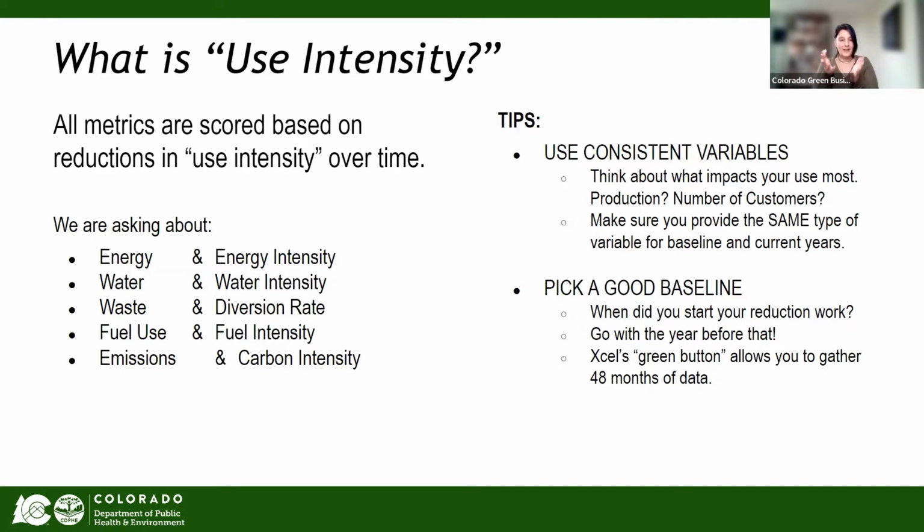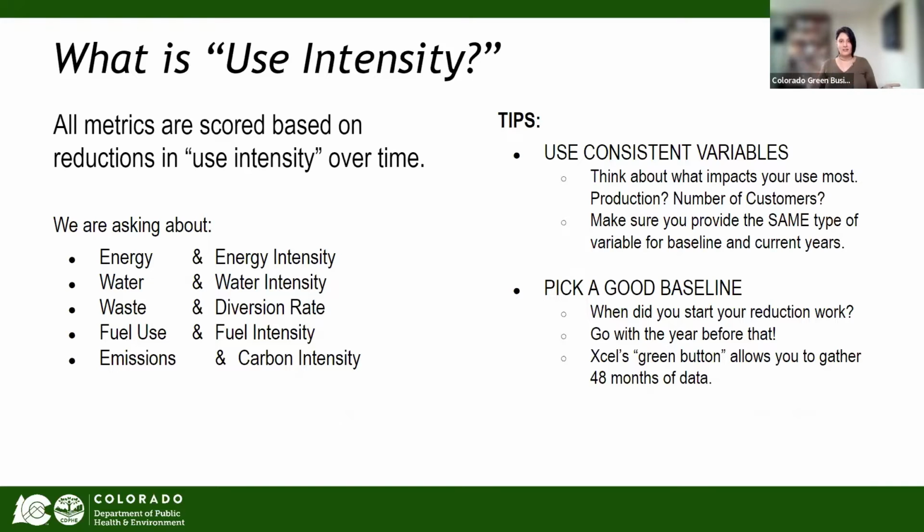So in order to pick a good use intensity variable for your organization, you really want to think through what is the thing that impacts our energy use most. If you're an office, it might be number of employees, right? Or number of customers served if you have people coming in and out of the space all the time. For organizations that produce a product, it might be units of product produced.